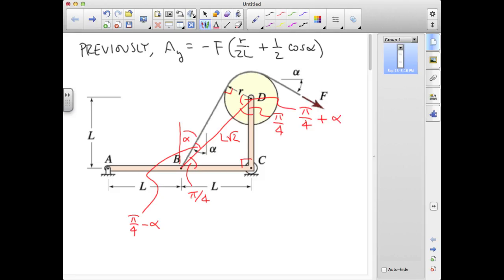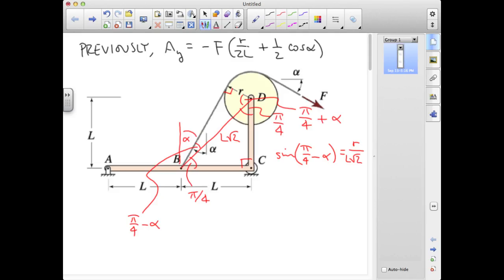Note then, in just using the definition of sines, we have sine of pi over 4 minus alpha is equal to the radius r over the hypotenuse L root 2.